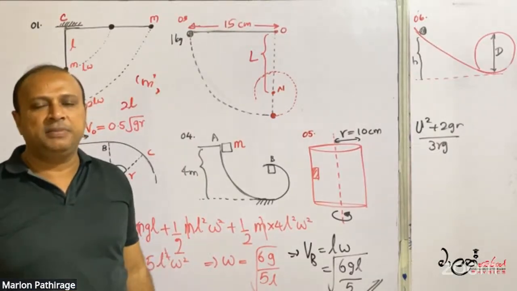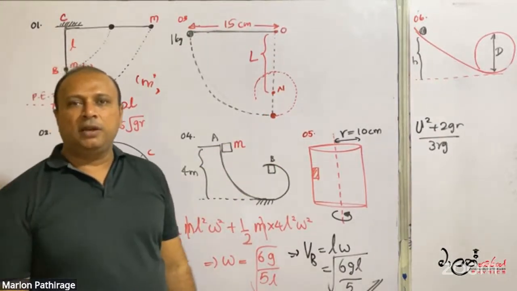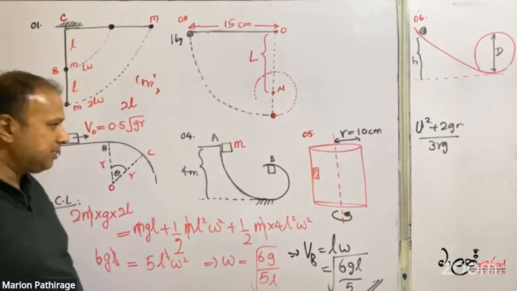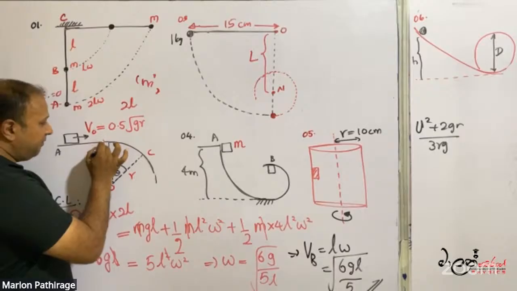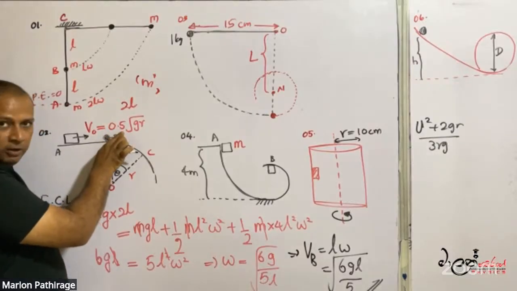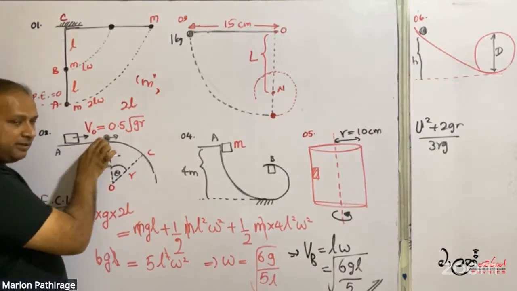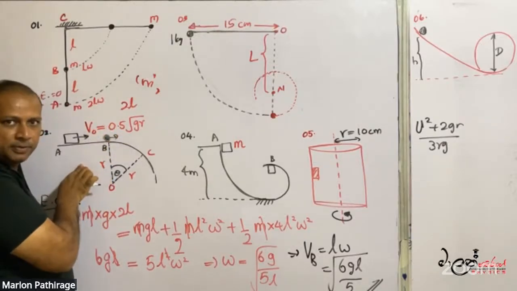Cos theta should be equal to u squared plus 2gr over 3gr, because this object has a velocity at this position, and that velocity is equal to this value.